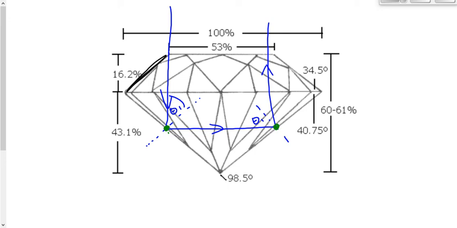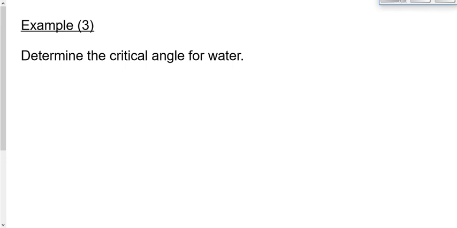All right. So whether we got water, a pond looking for a fish, or whether we got a diamond and we're looking for the critical angle in the diamond or whatever, how do we find that critical angle? Well, I'll remind you that when you're finding the critical angle, you first of all got to be going from a high index of refraction to a low index of refraction.